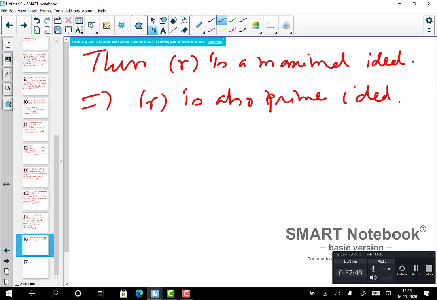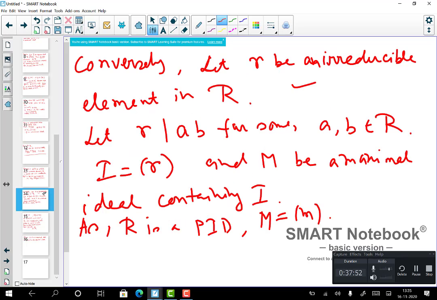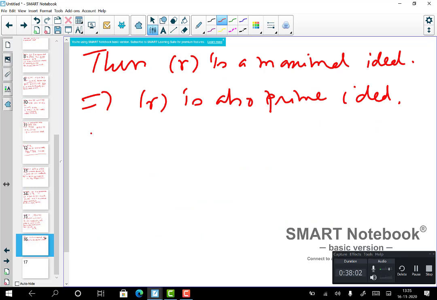Now if R is a prime ideal, then we are done. Because what do we need to prove? We need to prove that if R divides AB, then at least one of them is divisible by R, right? Now as R divides AB, you can write AB equal to R times R dash.